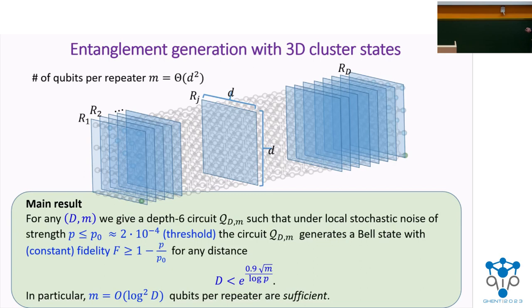We are considering each repeater station as the cross section of this giant 3D lattice of qubits, and I'm going to denote the width of this 3D structure by d. So m is nothing but theta of d squared.